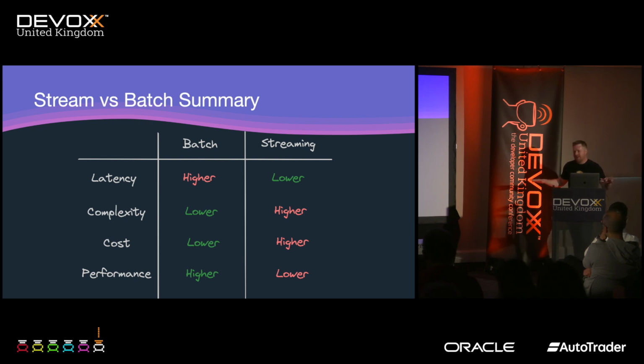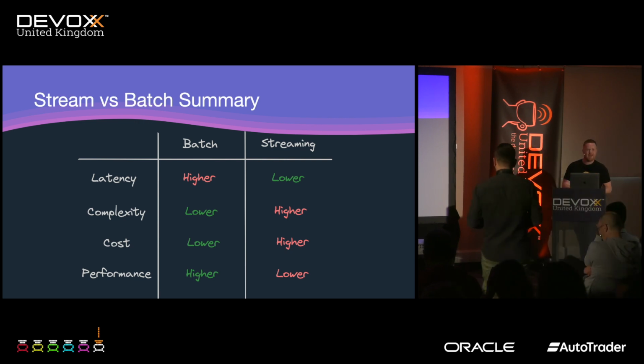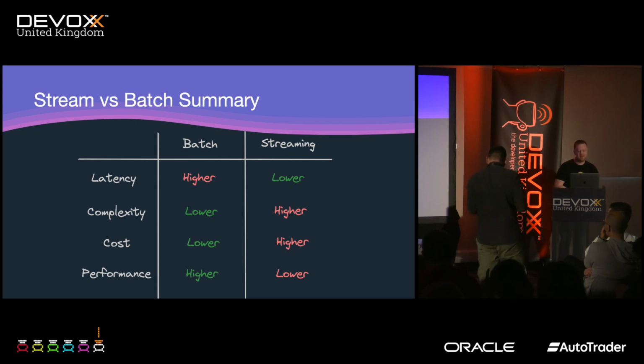Streaming is running continuously, so typically it has a higher cost. And performance is typically higher in batch as well, because you can optimize your functions, and you don't need to store the intermediate values, so you can be CPU bound and produce outputs quicker. So it all comes back to latency and the business value out of that and the trade-off you want to take on these things in order to achieve your needs.